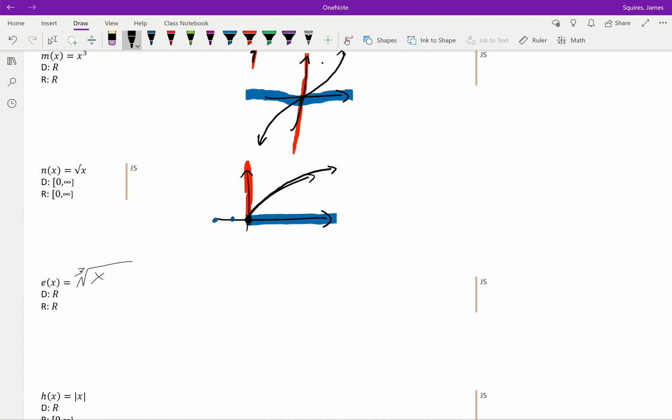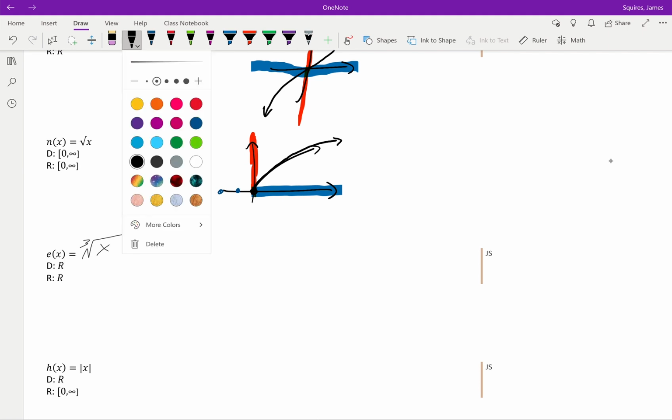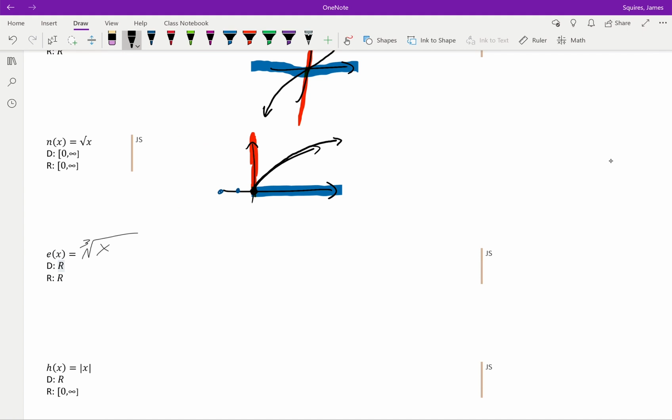Alright, when we talk about the cube root of x, let's go back to the square root of x. This is also n of x equals x to the 0.5.